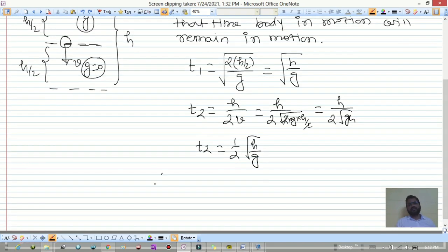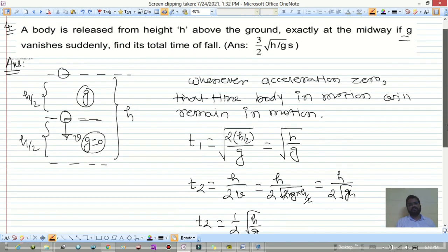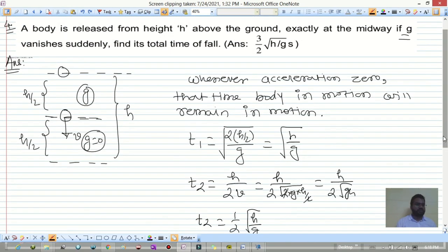Therefore the total time is t1 plus t2, which is root of h divided by g plus 1 by 2 root of h divided by g. So that is 3 by 2 root of h divided by g. This is the answer for this fourth question.